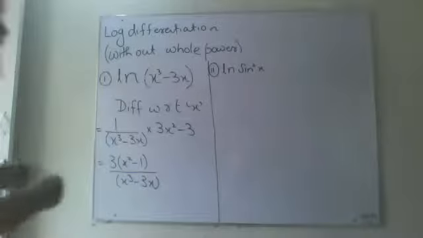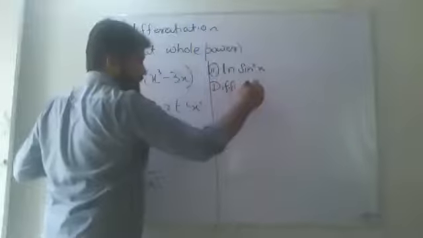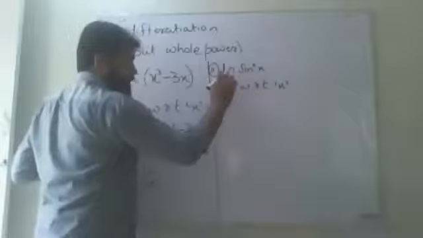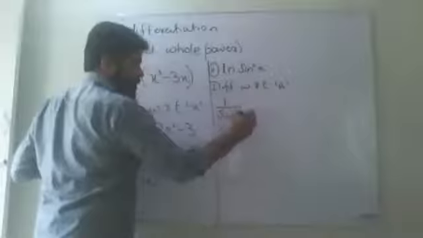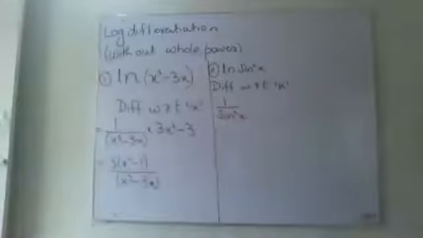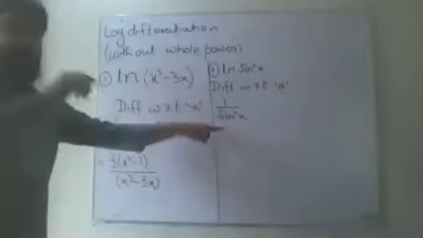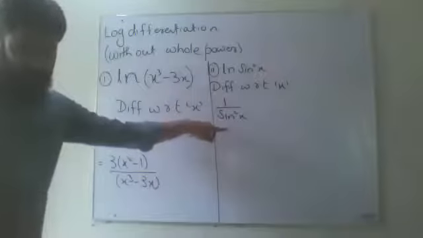So first of all, differentiate with respect to x, the ln differential. Whatever is the multiple of ln will be written in reciprocal form, 1 upon sine square x. I've done my first step. The multiple is written in reciprocal form.